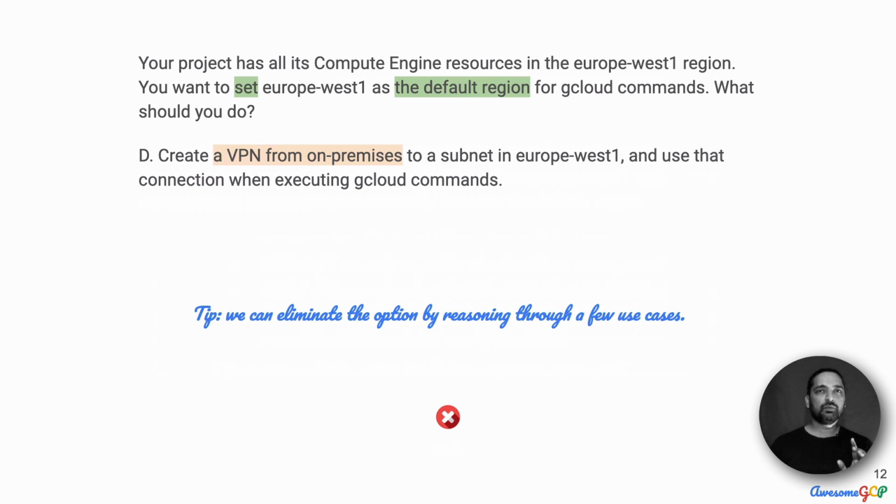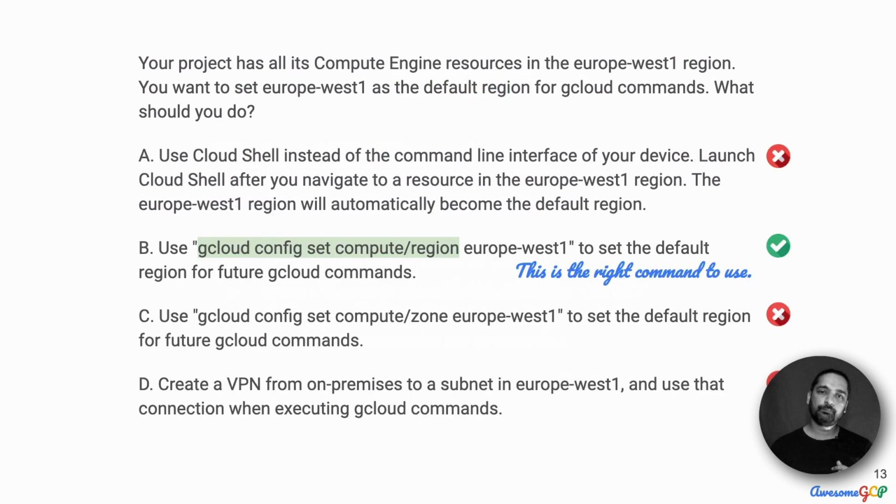And in this case, what we've done is we've just thought of what will be the use cases and what about the edge cases for not just the people who have on-prem. You also have to think about the people who don't have on-prem or a significant on-prem setting, just a Chromebook. How does it work for them? And just applying that specific use case allows us to eliminate this option.